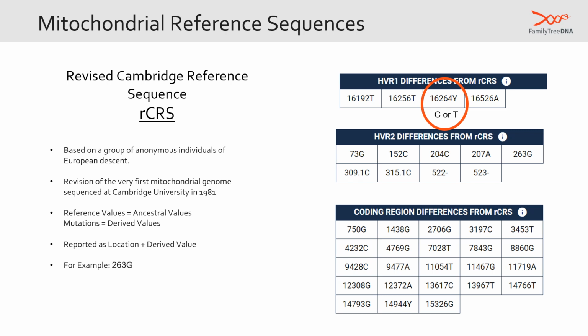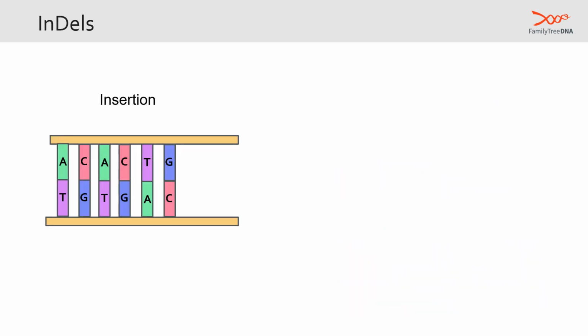Now there's a couple other things you might notice here. One is that this location has a decimal point in it, and this one has a dash. These are two types of mutations known as insertions and deletions, commonly abbreviated as indels. First, let's talk about insertions. Insertions occur essentially when an extra base pair wedges itself in where it doesn't really belong.